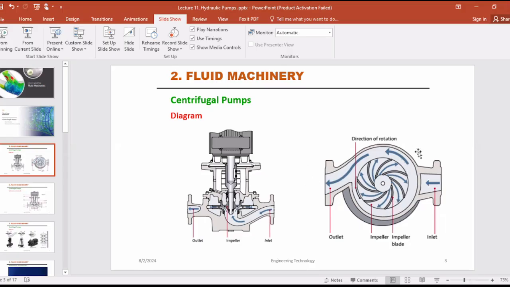Okay. Then this is the process. Here you can see the outlet. Here you can see the inlet.